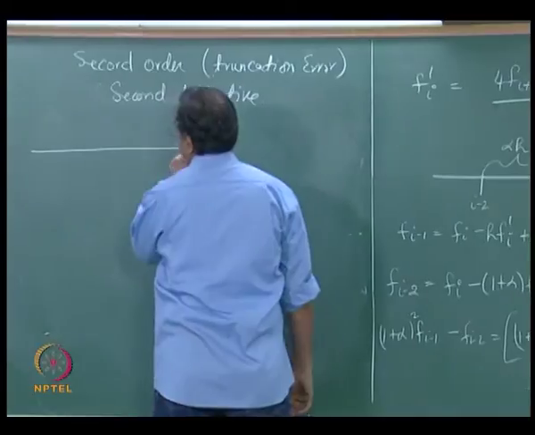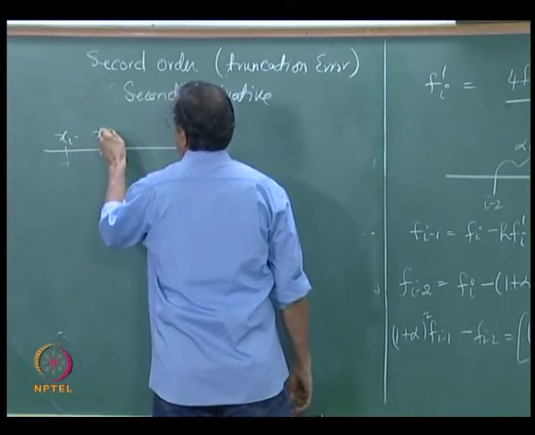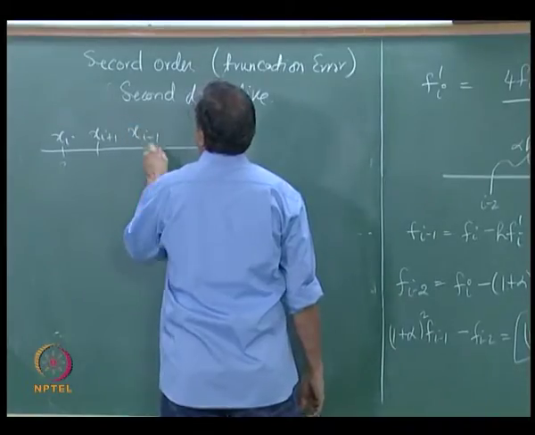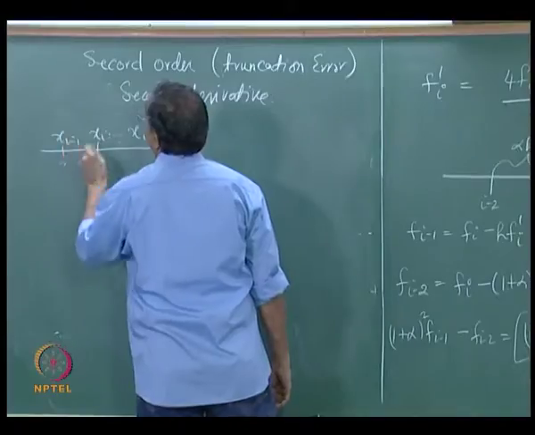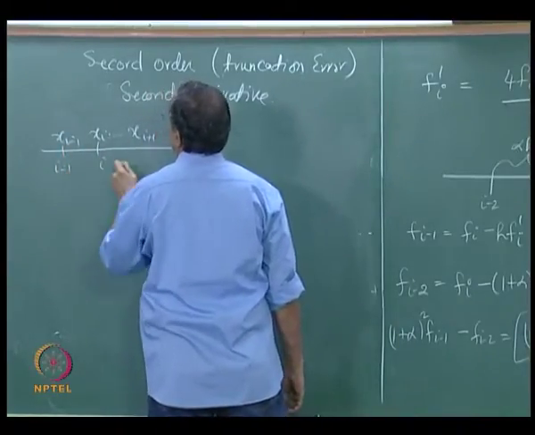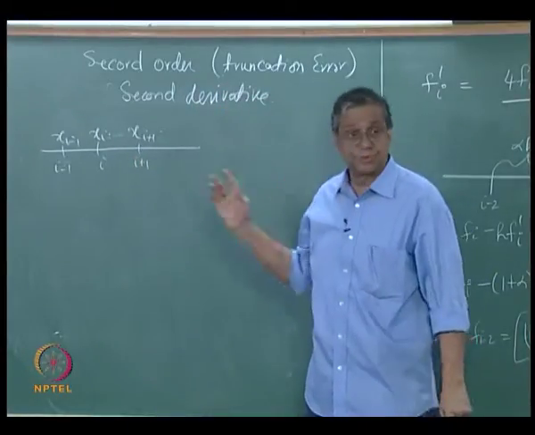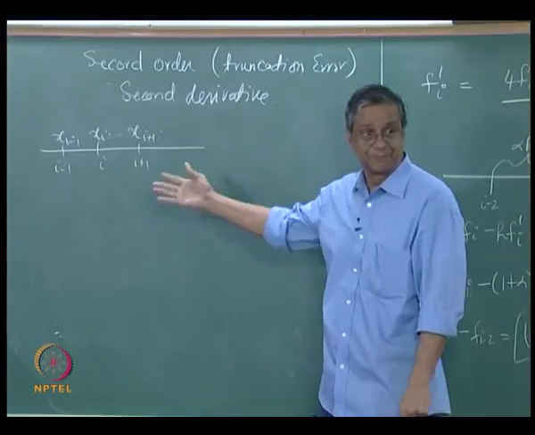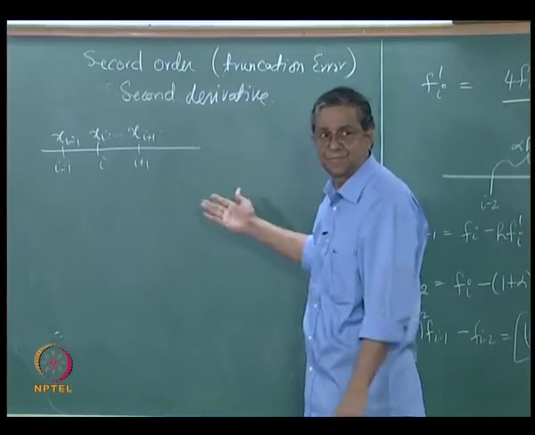So like I did, I have x i minus 1, x i, x i plus 1, that is i minus 1, i, i plus 1. Of course you can also see whether you can get one sided representations for the second derivative. I leave that to you.